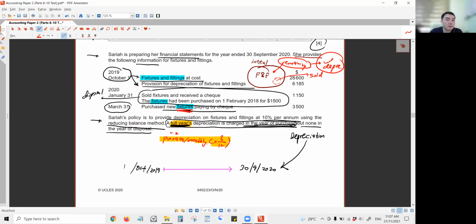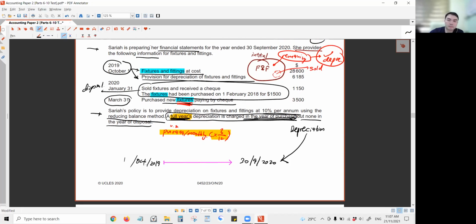Let me show you the formula, the calculation. Reducing balance method, right? You use this formula: cost minus provision for depreciation, then you times what percentage? 10%.